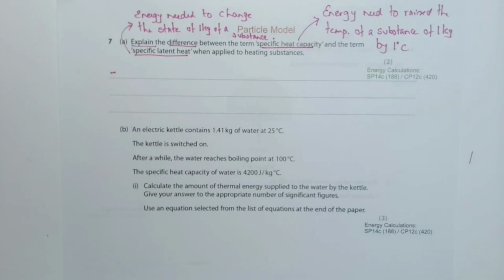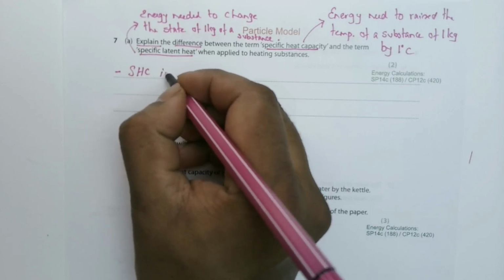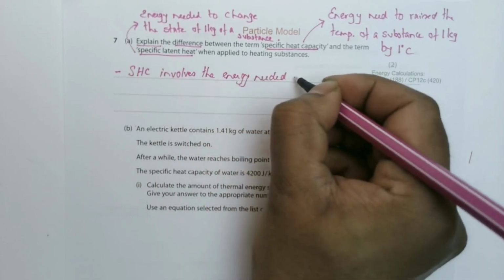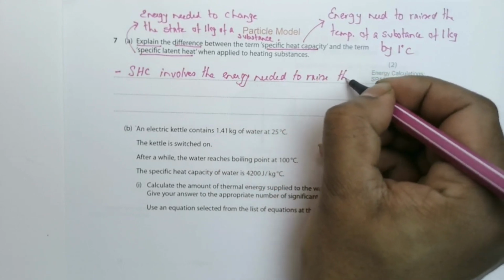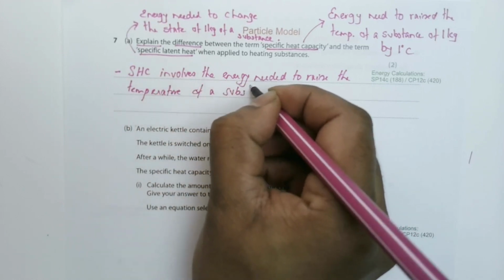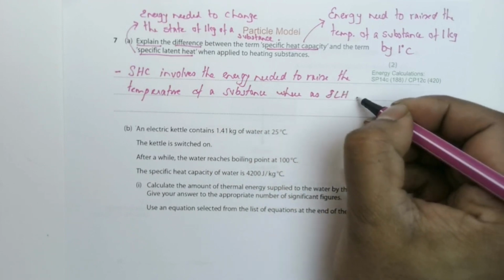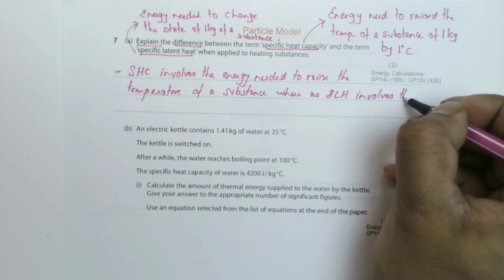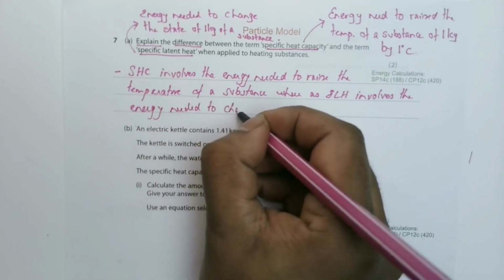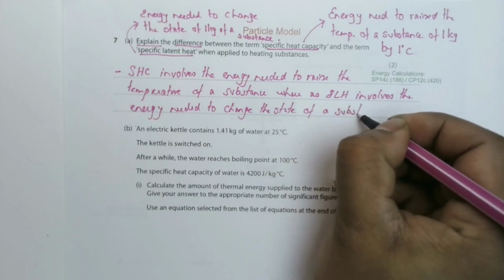In simply trying to explain the difference, I would write the answer by saying specific heat capacity involves the energy needed to raise the temperature of a substance, whereas specific latent heat involves the energy needed to change the state of a substance.